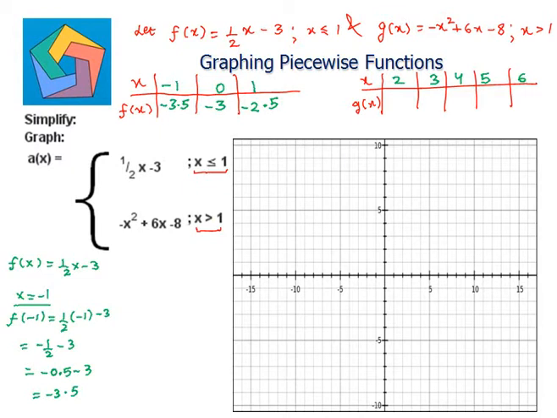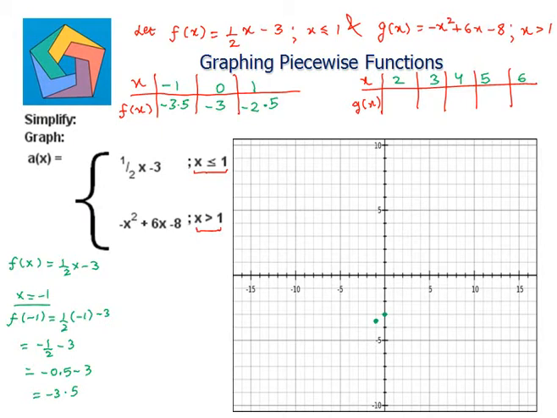Now let us calculate the values of g(x), or let me graph this first of all. f(x): negative 1, negative 3.5; 0, minus 3. Sorry, I graphed between 2 and 3. It will be between 3 and 4. Minus 1, 1, 2, 3, 4, 5. 0, minus 3 here.